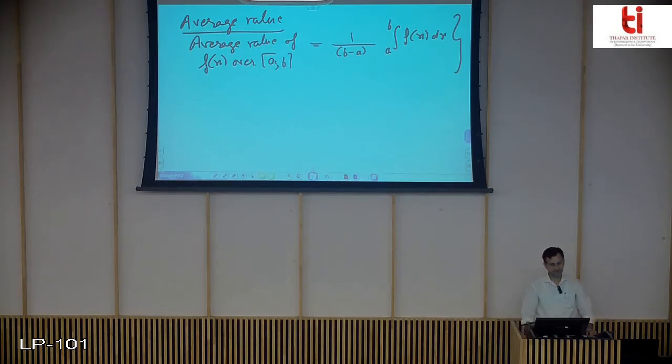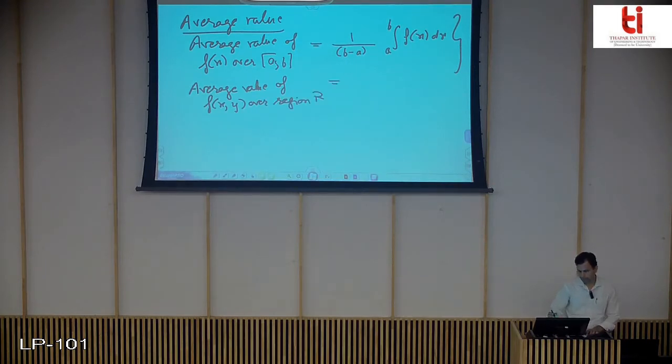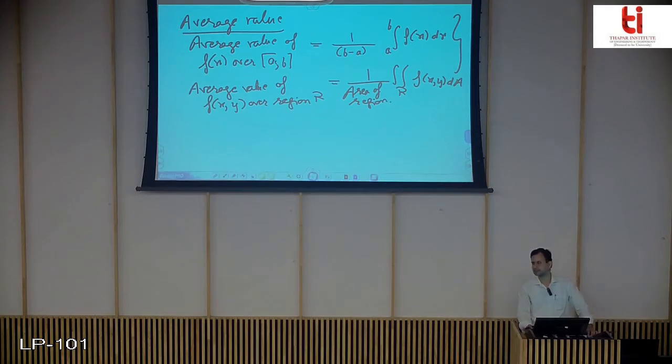Similarly, for two variables, the average value of f(x,y) over a region R in the xy plane is equal to the double integral of the function over the given region R divided by the area of the region R. This will give you the average value of the function over that given region.